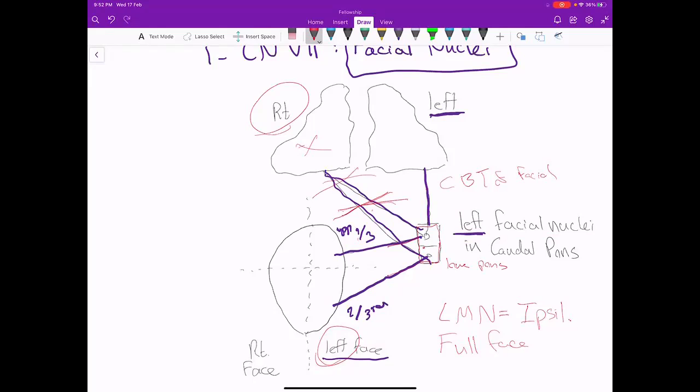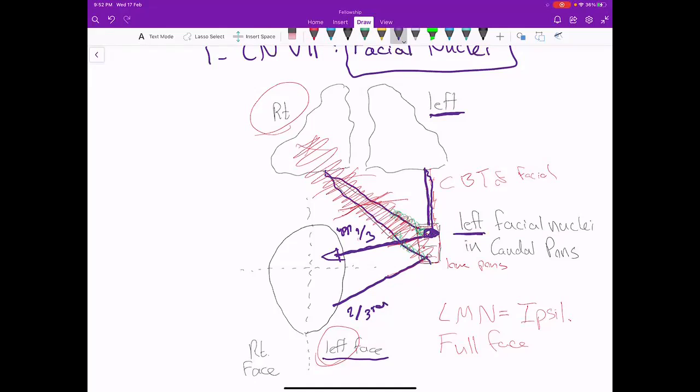I lose input from the contralateral cortex. But guess what? The ipsilateral innervation is still okay. So you see this is one input that's going to go away to the upper portion of the facial nuclei. Here's another portion from the contralateral cortex that goes to the lower facial nuclei. But we have this portion of the ipsilateral innervation, which still supplies the upper portion of the face.